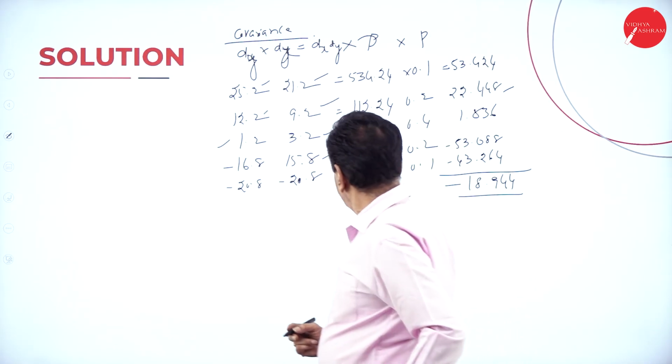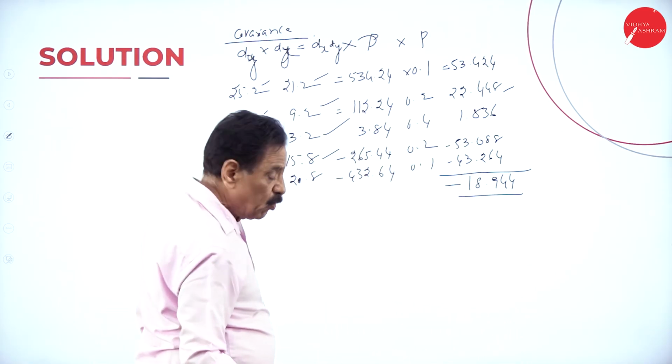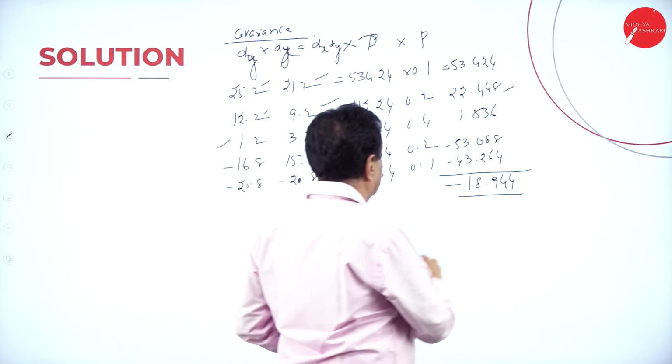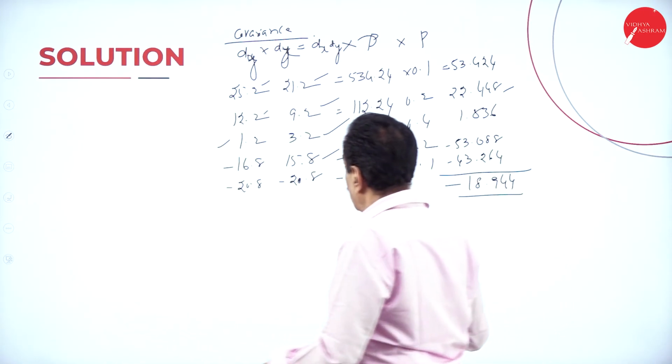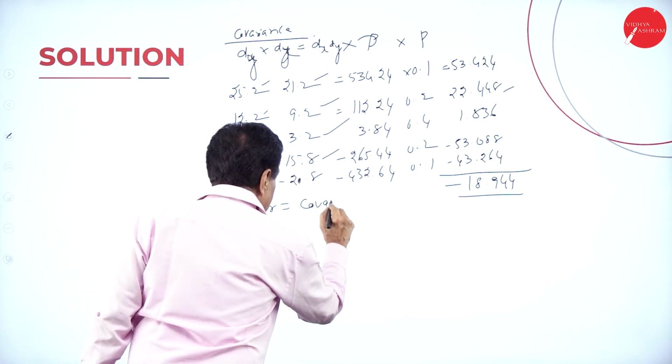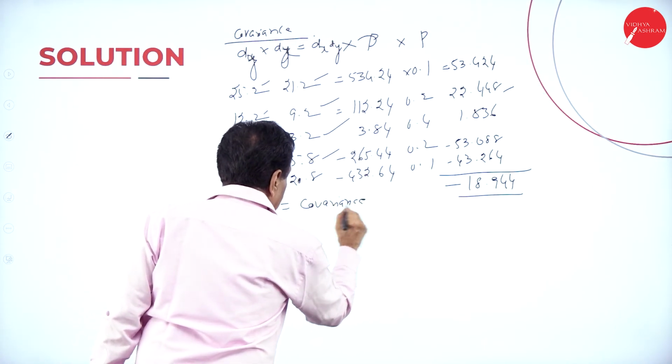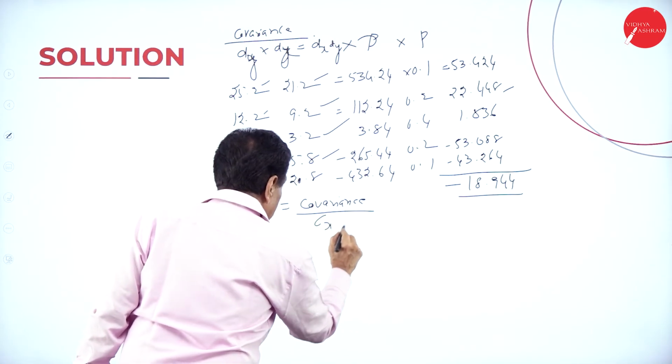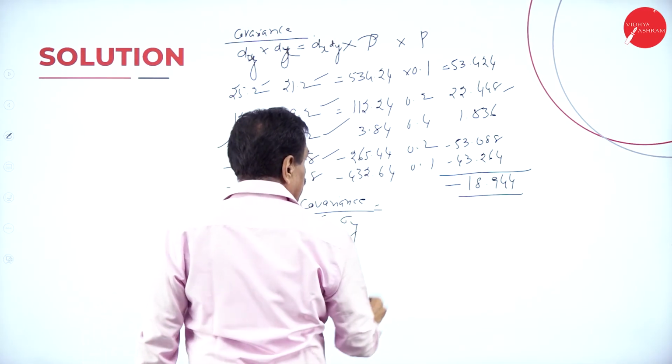Then covariance is equal to this, P dx dy. Then R is equal to covariance divided by standard deviation x into standard deviation y.